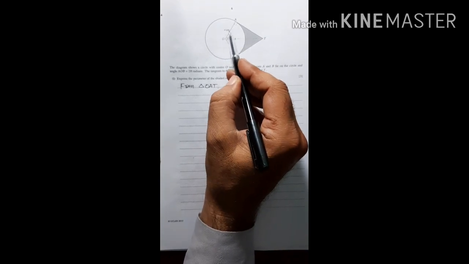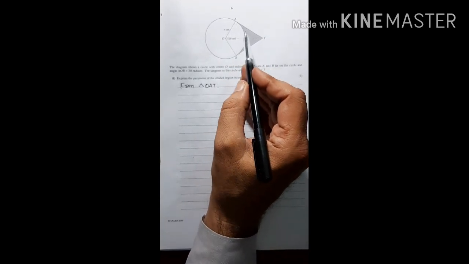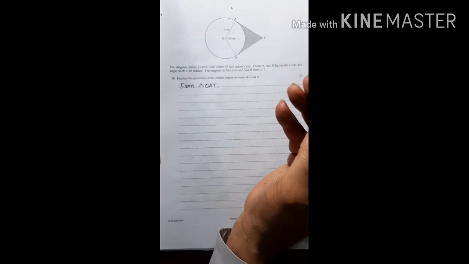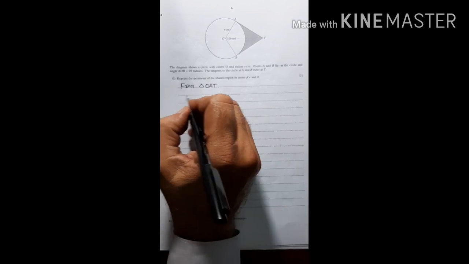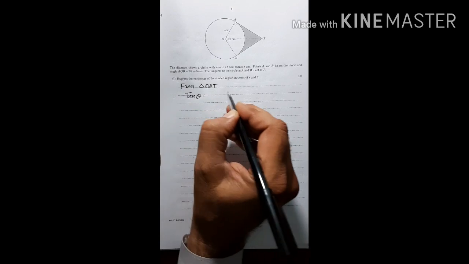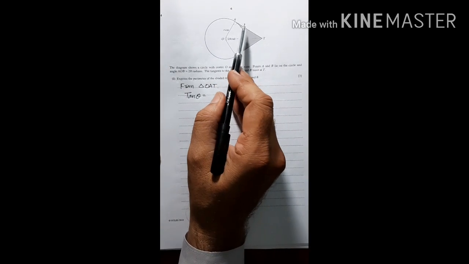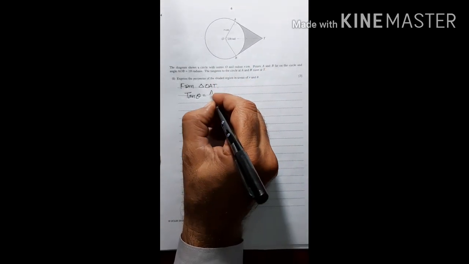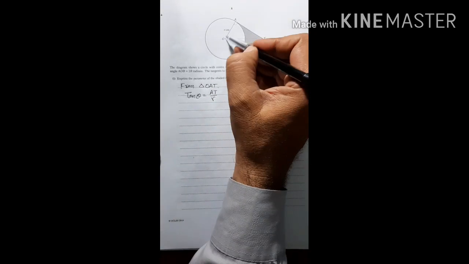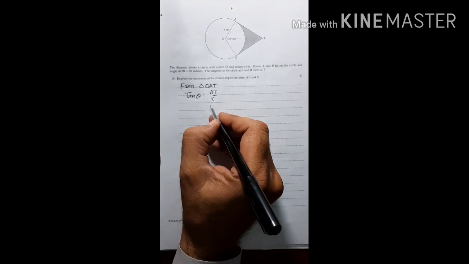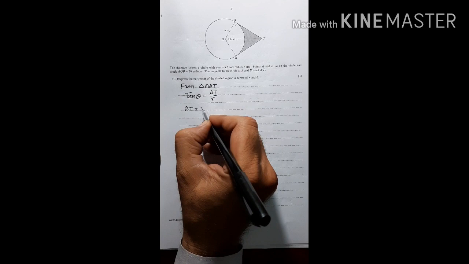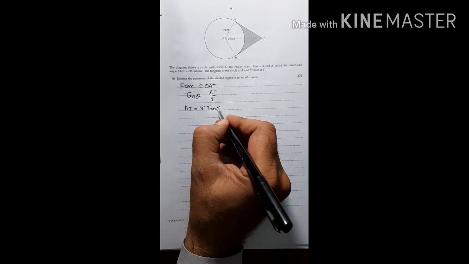The base is R, so the ratio between the perpendicular and base is tan theta. So tan theta is perpendicular over base, which is AT over R. Our base is OA, which is R. So AT will be R tan theta.